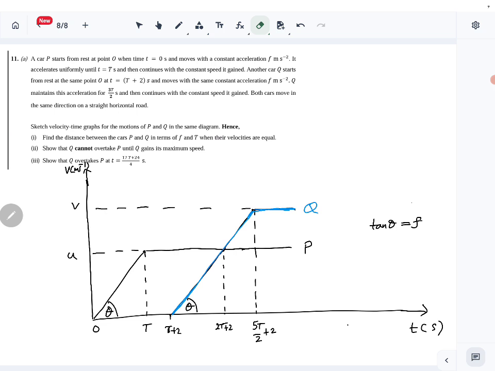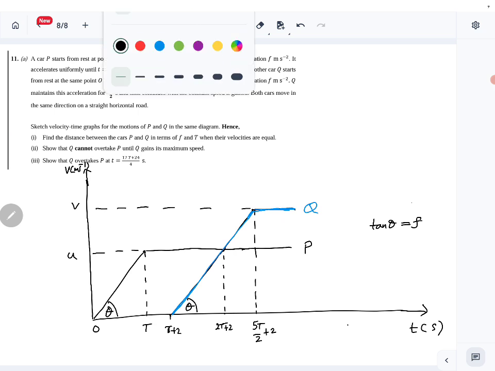Then find the distance between cars P and Q in terms of f and capital T when their velocities are equal.